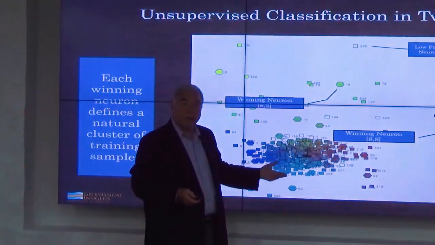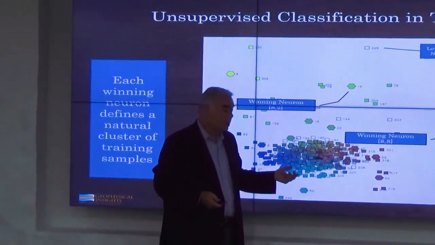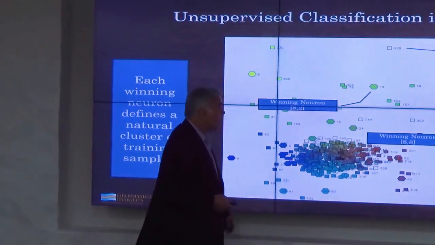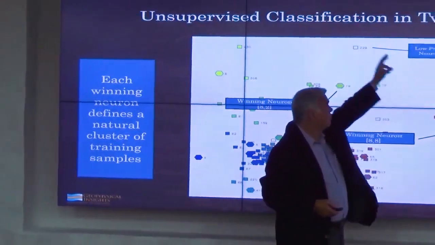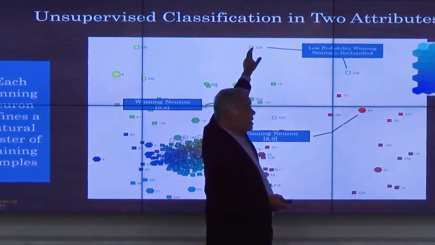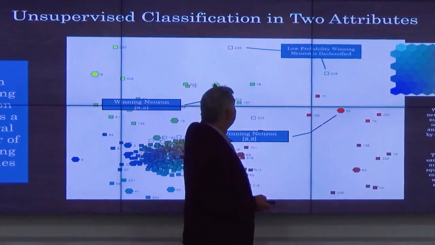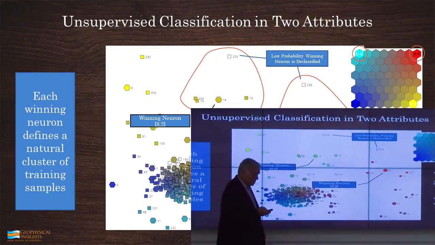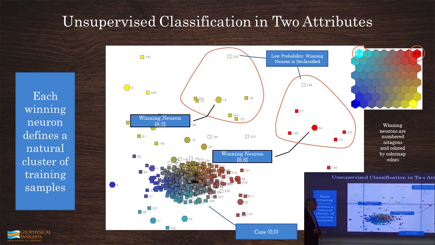Okay, those that are nearby, they fit real well. Good goodness of fit. Those that are far away, poor goodness of fit. So these are the low probability neurons. The low probabilities associated with each of the data samples associated to the winning neuron. And these are 2 different winning neurons in this 2-dimensional map.